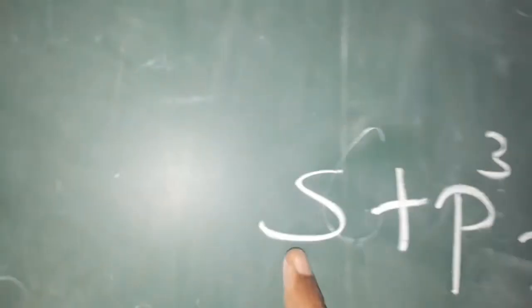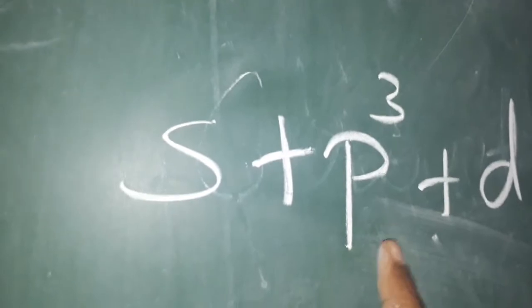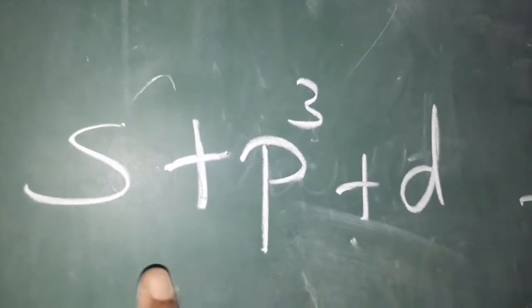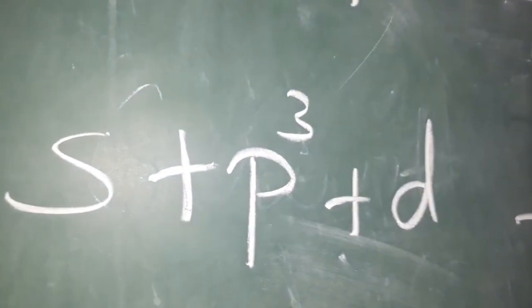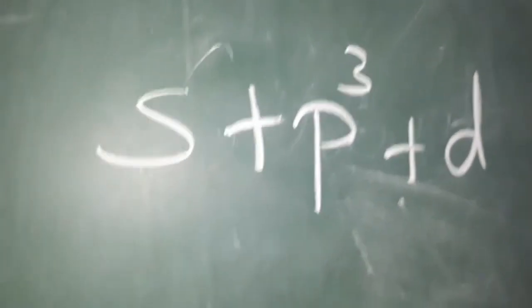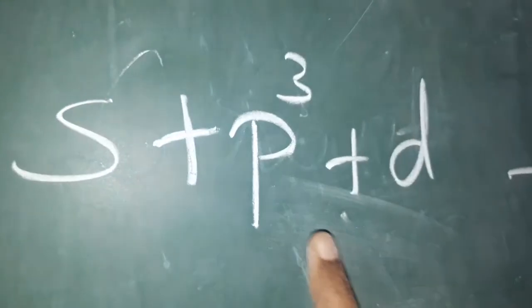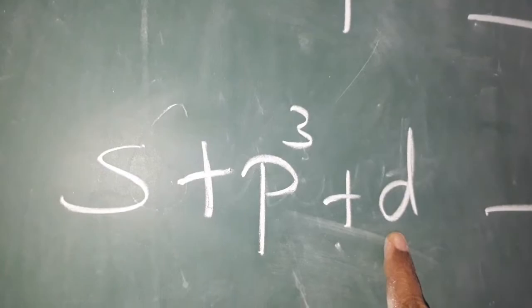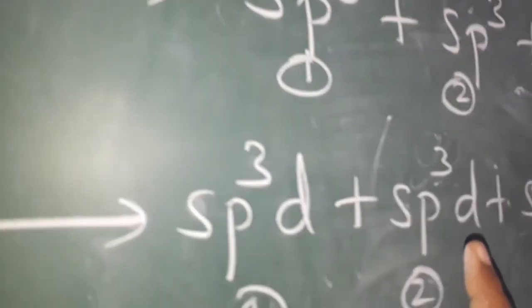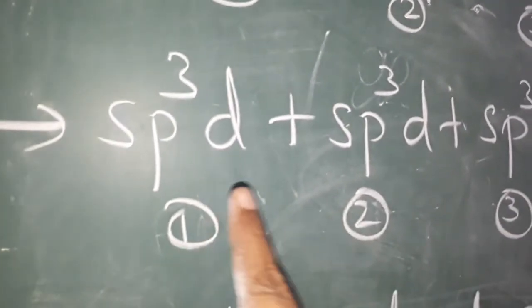The next one, sp3d: s plus p3 and d. So how many orbitals are going to join? Five orbitals. One s orbital, three p orbitals and one d orbital. We get five hybridized orbitals like this, sp3d.